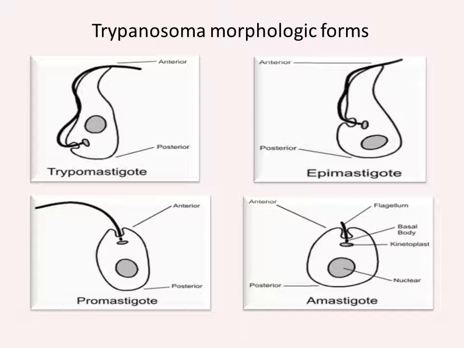Let's see. The trypomastigote form of the genus Trypanosoma has the following characteristic features. It has a central nucleus and an elongated mitochondrion containing the kinetoplast in its posterior section.